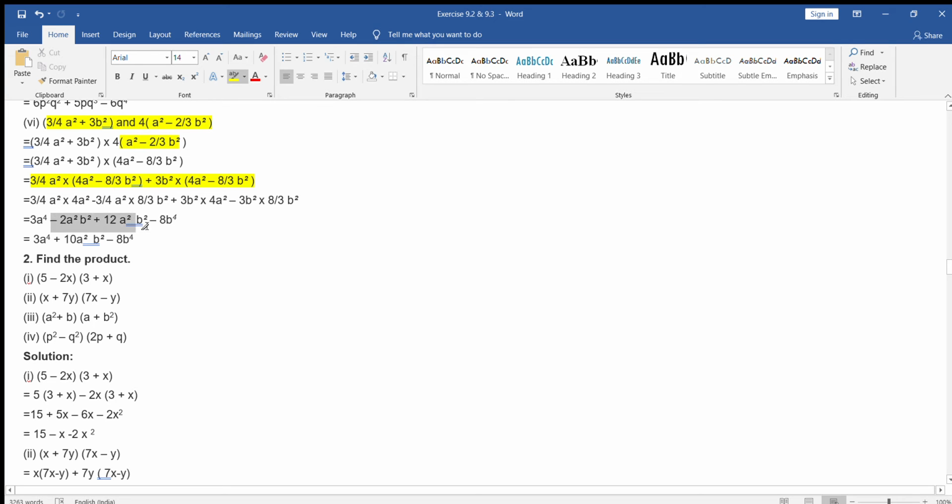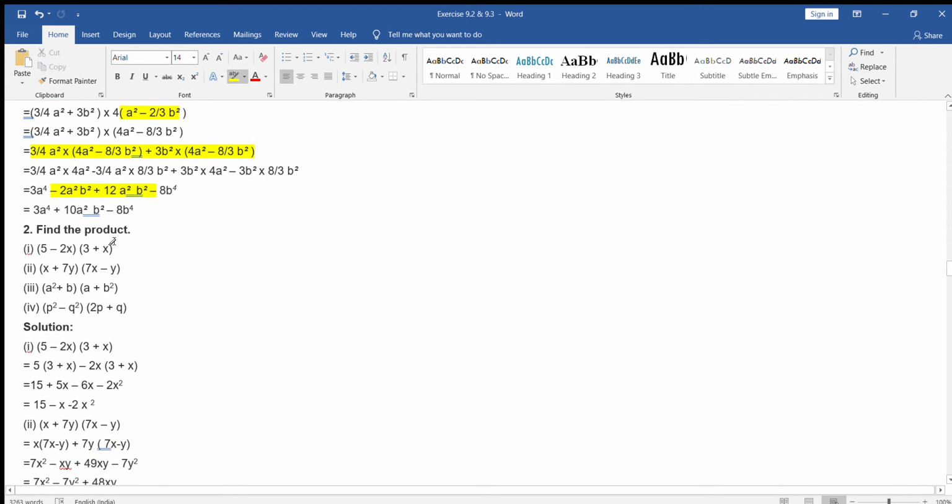Here, these two are like terms. At last we have to find out whether there is any like term or not. If there is no like term, then that is your answer. If there is a like term, then you have to solve them. For example, here we have these two like terms. When we subtract 2 from 12, we get 10.